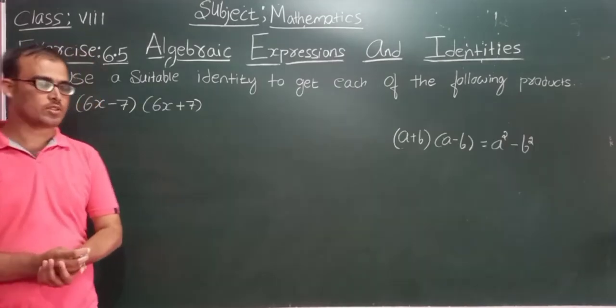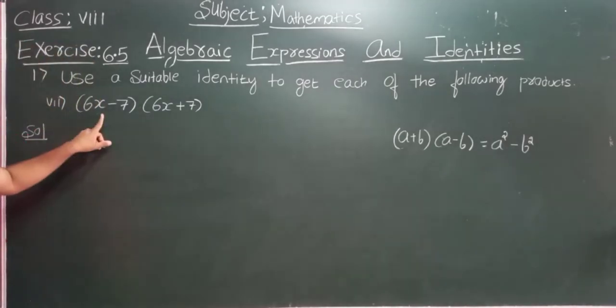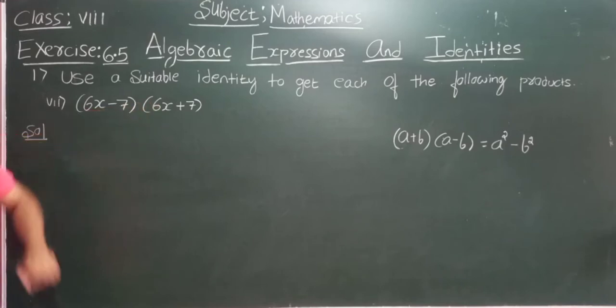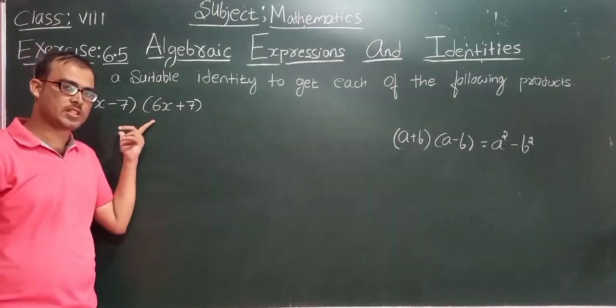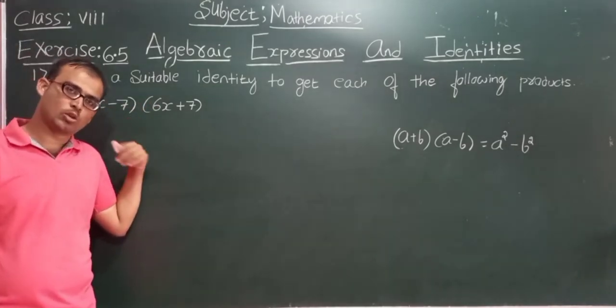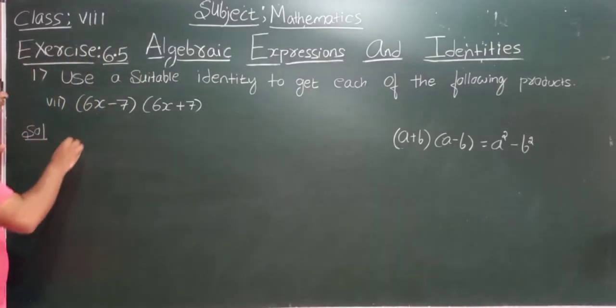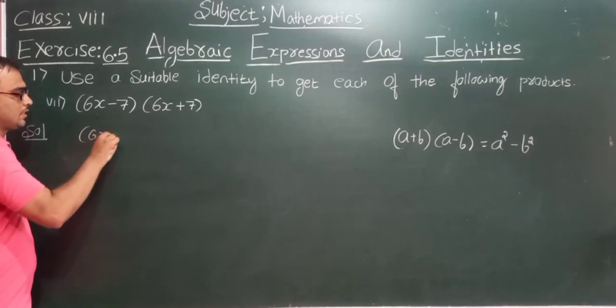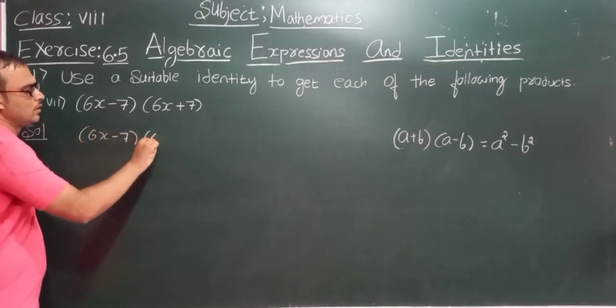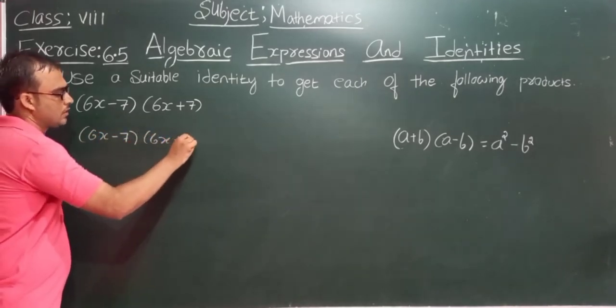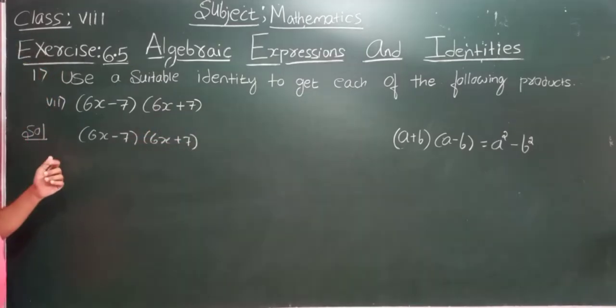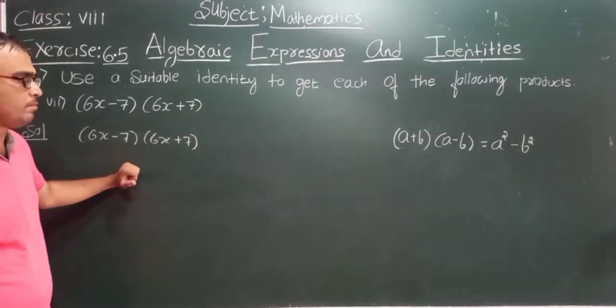Students, let us solve the 7th question. What have they given? 6x minus 7, 6x plus 7. Just look at this carefully, students. It is of the form a plus b into a minus b.